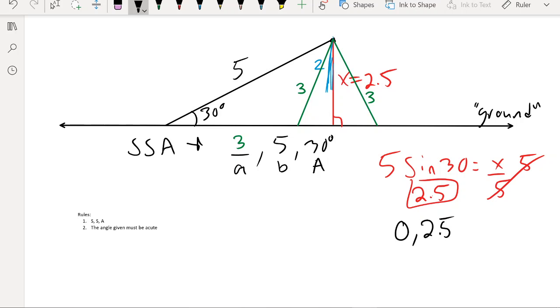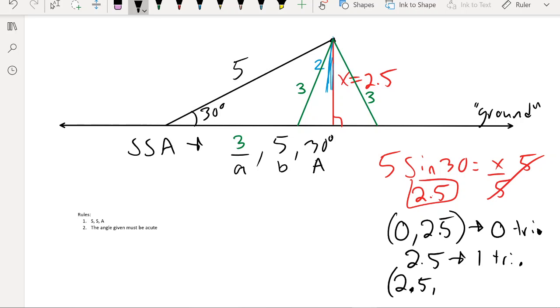So any of those values, not including 0, of course, and not including 2.5, you don't have a triangle. You have 0 triangles. If you have exactly 2.5, then you have exactly 1 triangle. And then if you have more than 2.5, up to a certain point, then you're going to have 2 triangles.